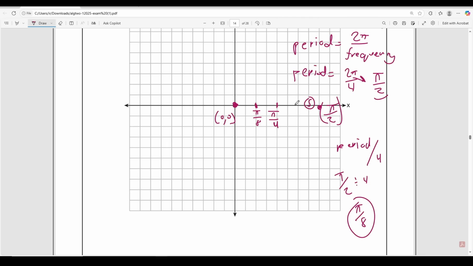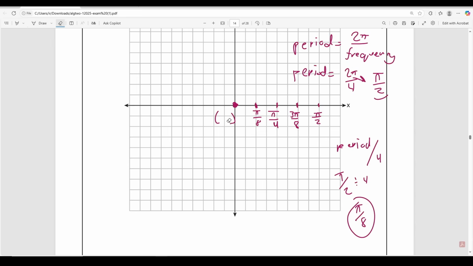Then finally, your fourth point, again add pi over 8 to this, and you get 3 pi over 8. And your final point is always going to be your period, right? So this point right here has to be your period, which was pi over 2, okay? So this is where your 5 points are going to occur, over this interval from 0 to pi over 2, from 0 to your period. All I did right here was figure out the scale. You have to go up by pi over 8 each tick, or every 2 ticks, okay?